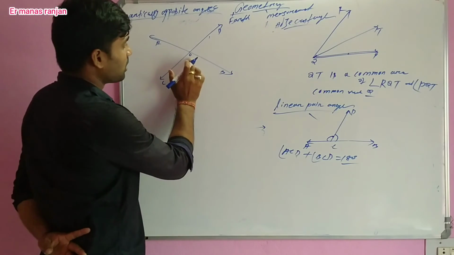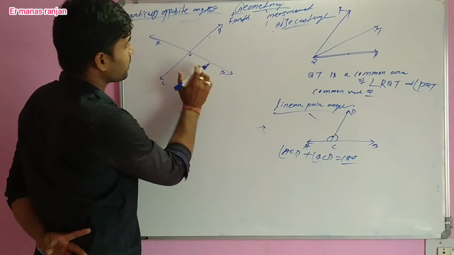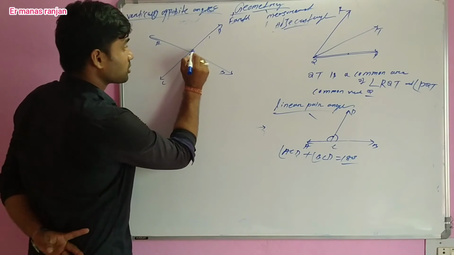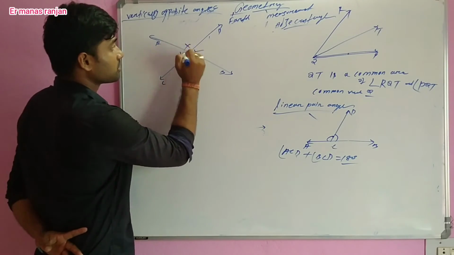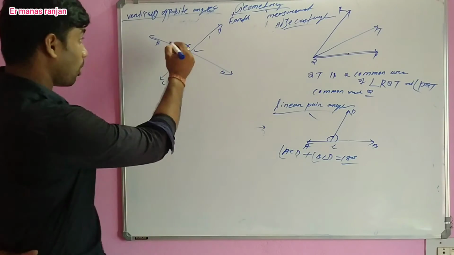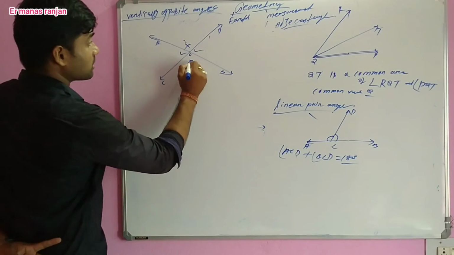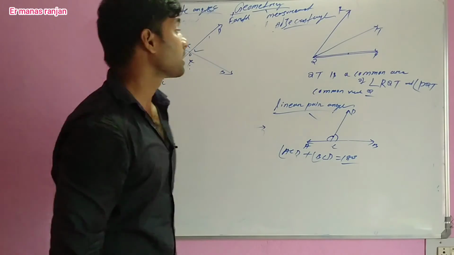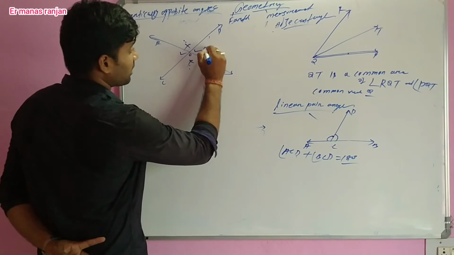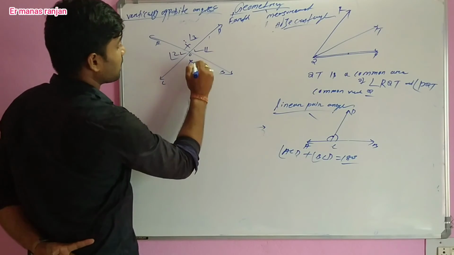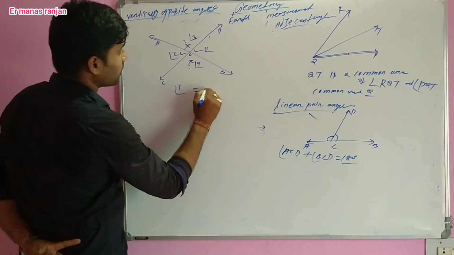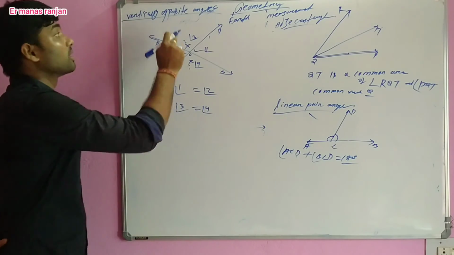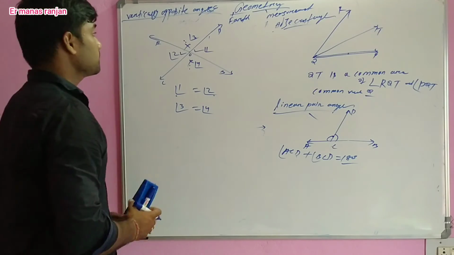So it forms how many rays? Four rays: OB, OD, OA, OC. And it also forms four angles. The opposite angles are equal, and this is called vertically opposite angles. Suppose angle 1, angle 2, angle 3, and angle 4. Angle 1 equals angle 2, angle 3 equals angle 4. They are called vertically opposite angles.